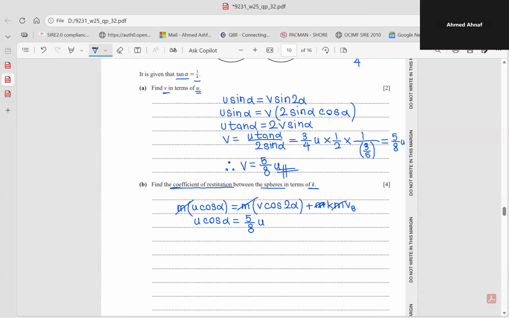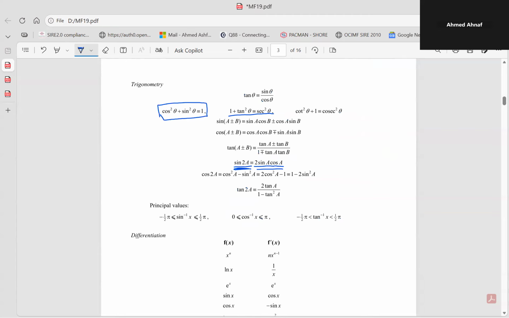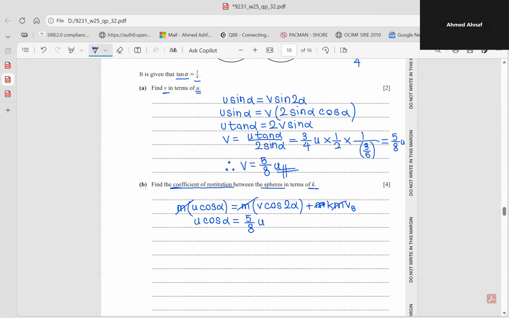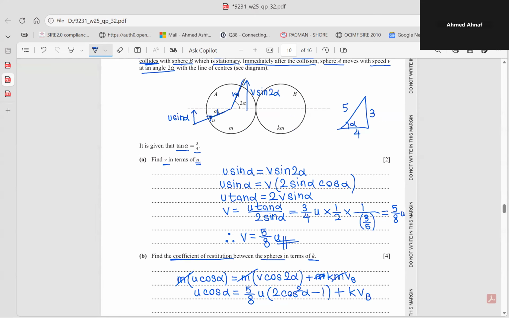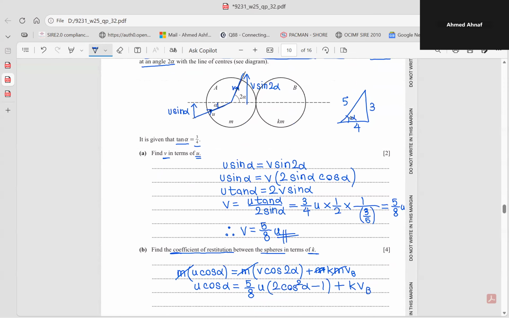Again, for this cosine 2 alpha, we can use the double angle formula, 2 cos squared alpha minus 1. We can use the value of cosine alpha from the mini triangle we made, which is 4 over 5.